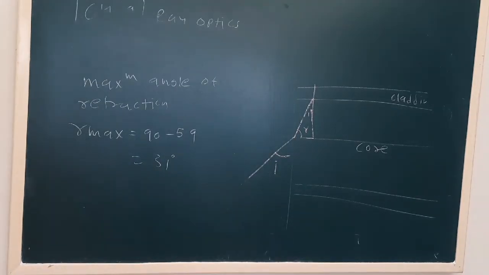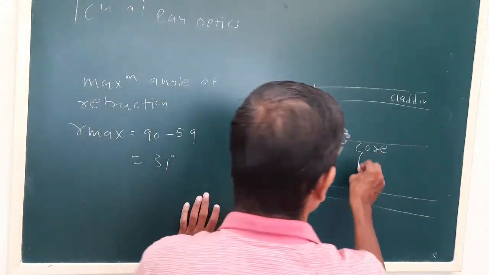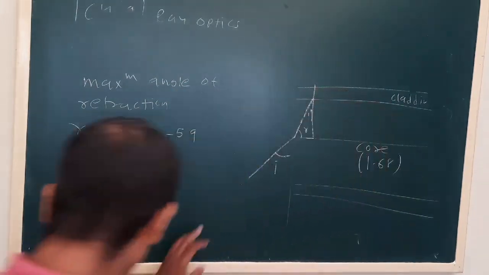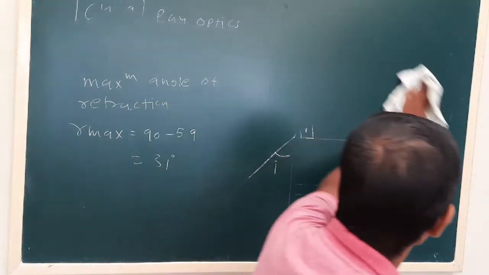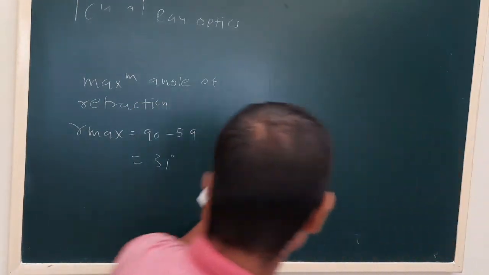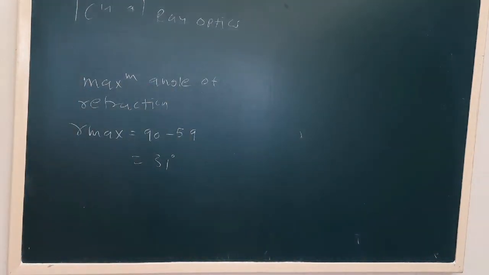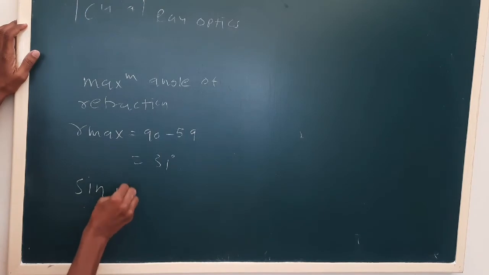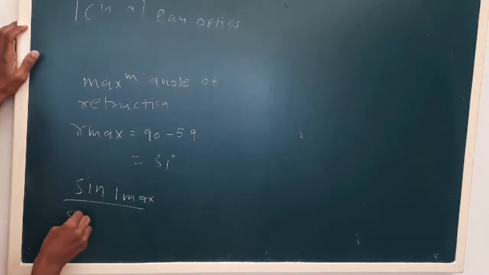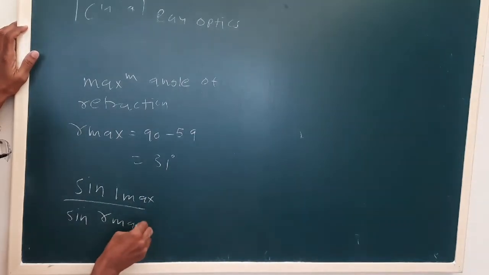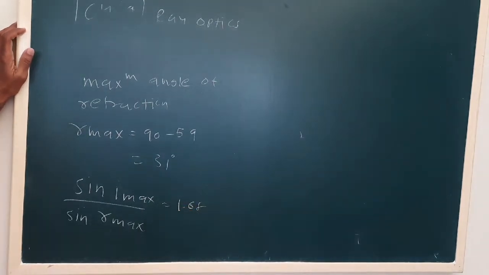Now see, the refractive index of the core is given as 1.68. So by using this we can find out the maximum angle of incidence. That is sine I max upon sine R max, which is given as 1.68.